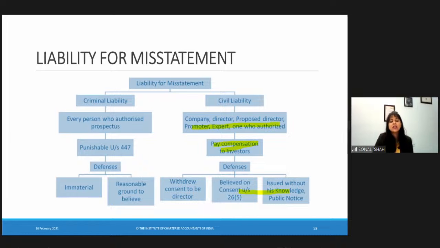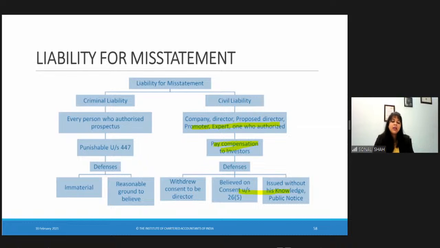During his absence, the company decided to issue a prospectus, and authorization and everything was taken, and he had given his consent also. But the prospectus was issued in the market without showing it to him. In that case, he can prove that he was not in the country. There are no communications where the copy of the prospectus was given. There is no communication where it can be proved that he had signed the prospectus. In that case, he can do away with his liability.